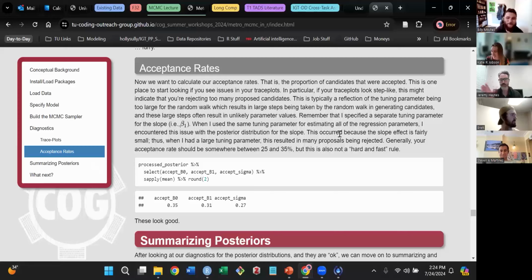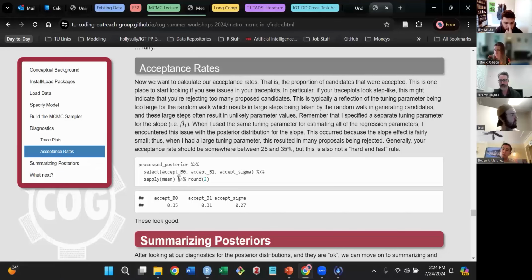Okay, so if your trace plots look good, that's awesome. If they don't, a very good place to look is your acceptance rates. This is another not hard and fast rule, but if your acceptance rates are between 25 and 35%, that's considered pretty good. The acceptance columns consist of ones and zeros, where one is acceptance.